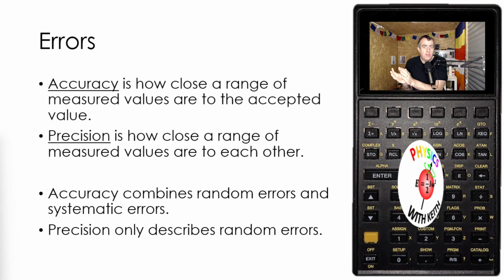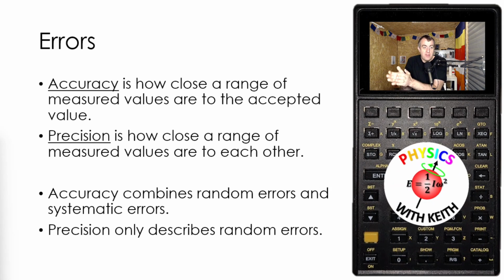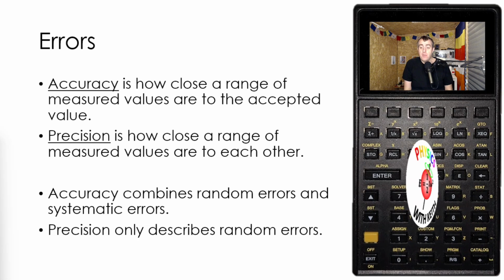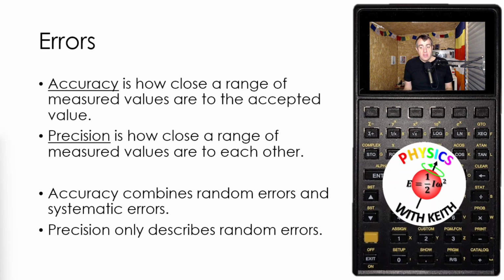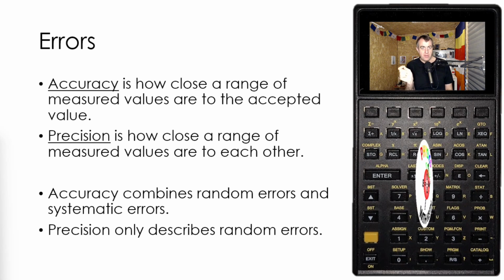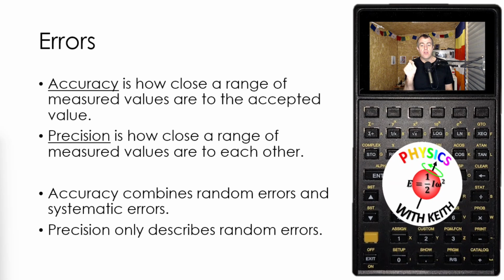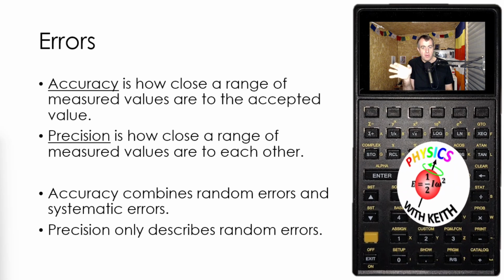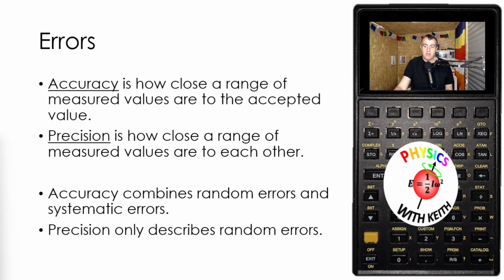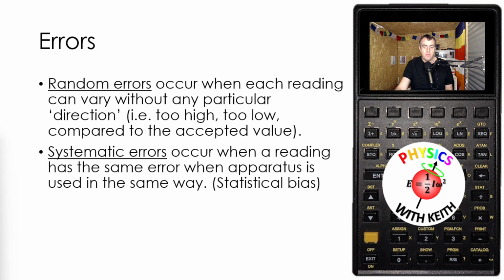Whether they're close to the accepted value or not is irrelevant. For precision, it's just how close together your values are. So for accuracy, we have random errors, which cause a bit of spread, and you've also got systematic errors. We'll talk about what that means in a second. Precision is only to do with random errors, not systematic errors.